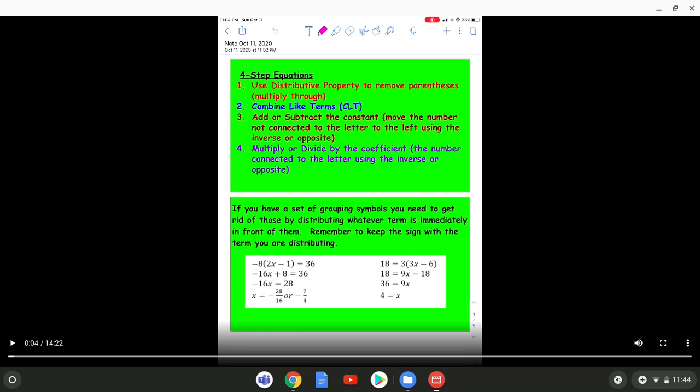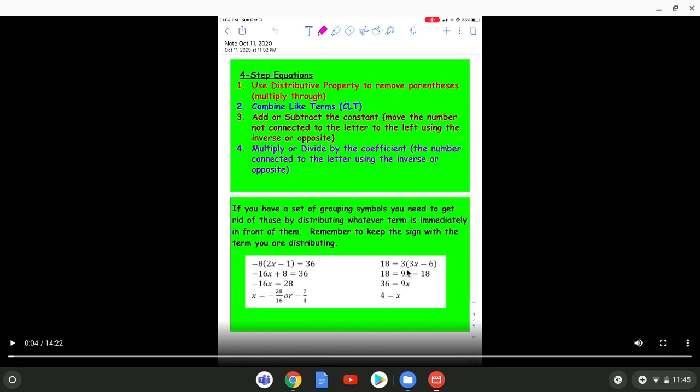So on this example problem here on the left, we have a -8, which we then distribute to 2 to get negative 16x, and then we distribute to the -1 to get a positive 8. Then we get negative 16x equals 28, and we divide by our coefficient, which is a negative 16. So we have x equals negative 28 over 16, or negative 7 over 4.